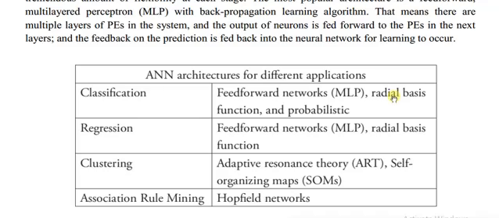We can also use the radial basis function neural network. It is similar to the multi-layer perceptron, but the one constraint here is that the radial basis function neural network is strictly limited to exactly one hidden layer.